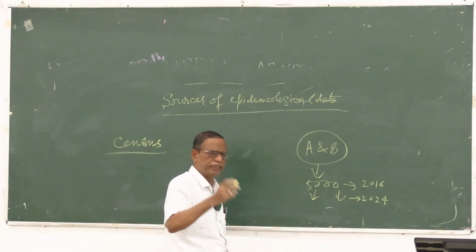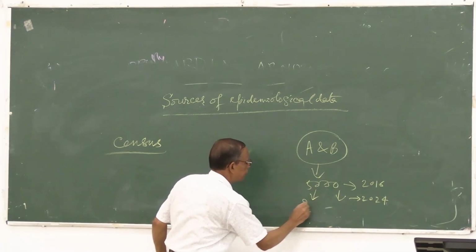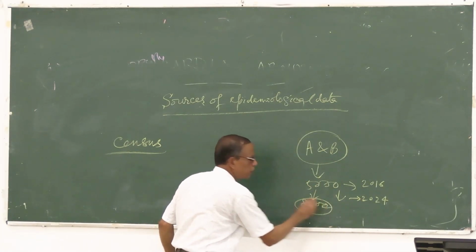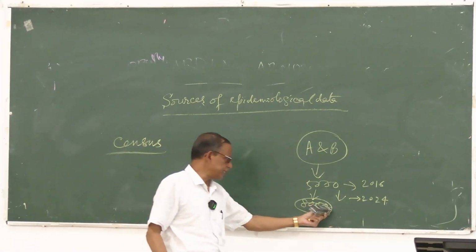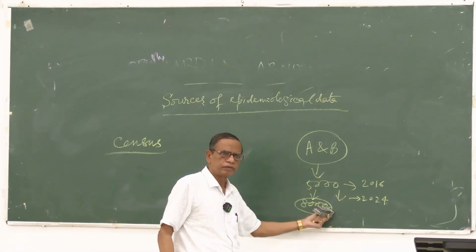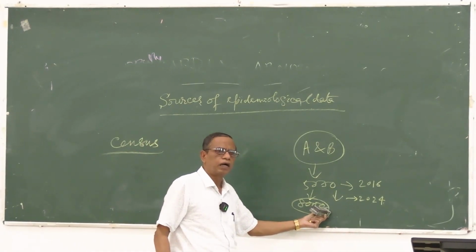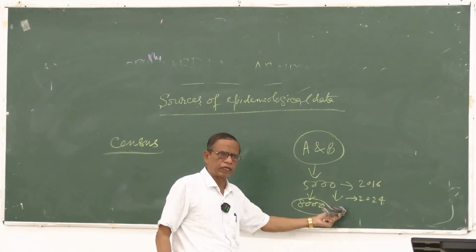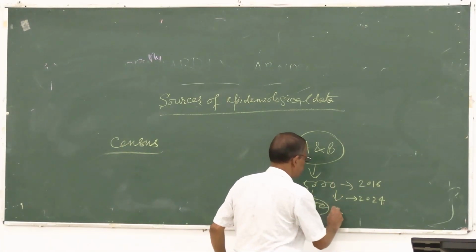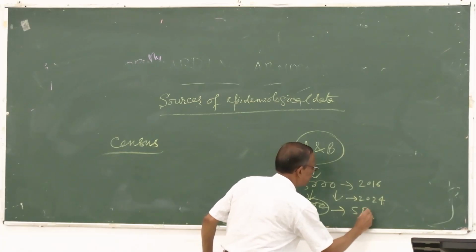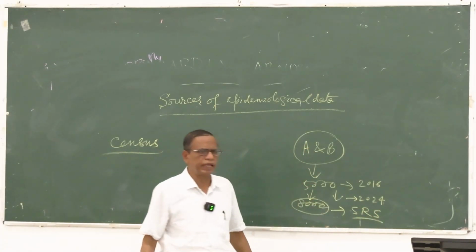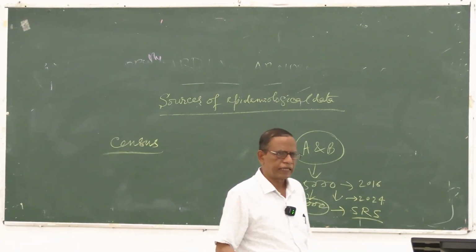But usually after 8 years, it has become 8000. So how was this 8000 population calculated? This 8000 population was calculated by SRS, Sample Registration System.